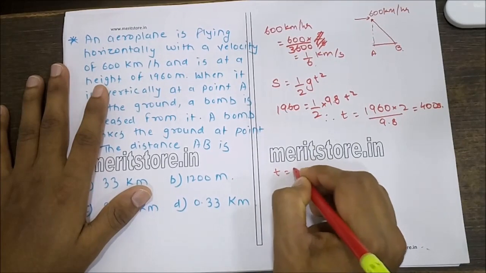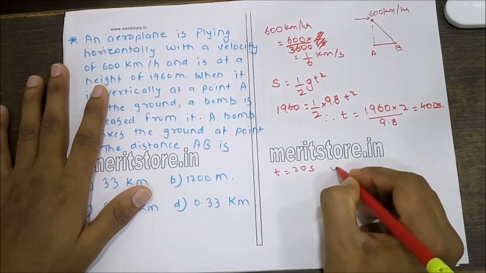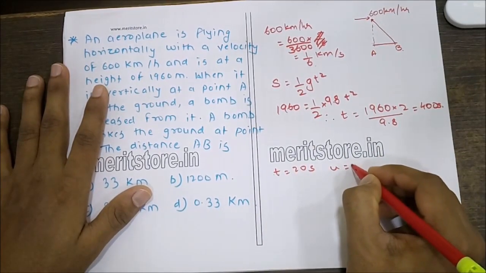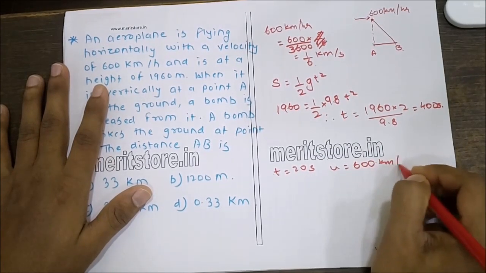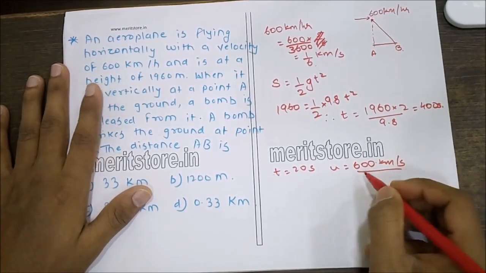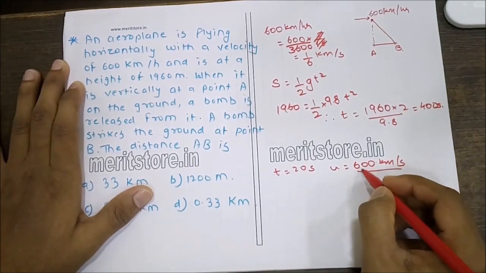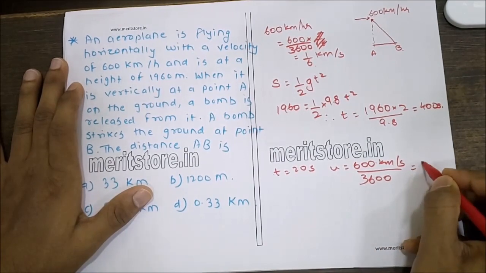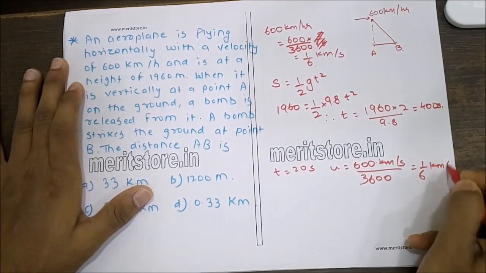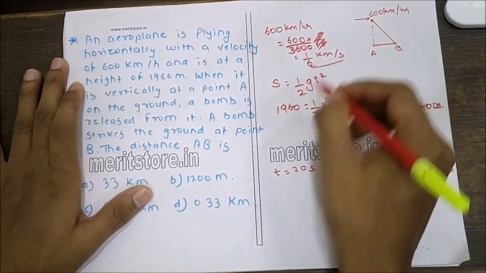At time t equal to 20 seconds, the horizontal velocity would be 600 kilometers per hour divided by 3600, that is 1 by 6 kilometers per second, as we got the same thing here.